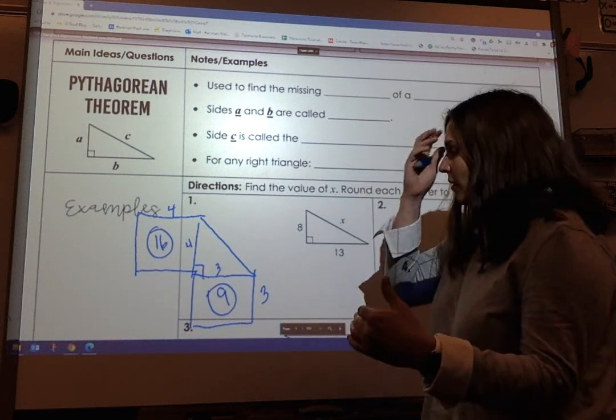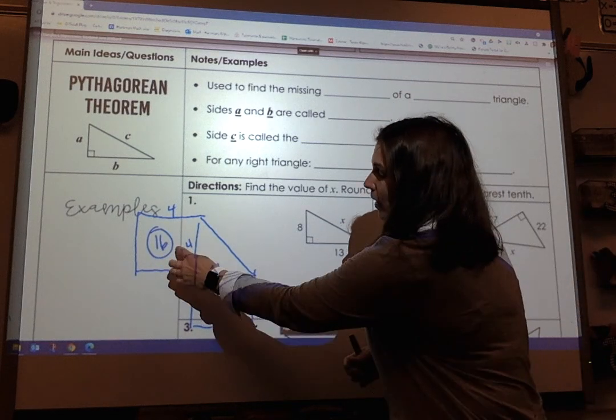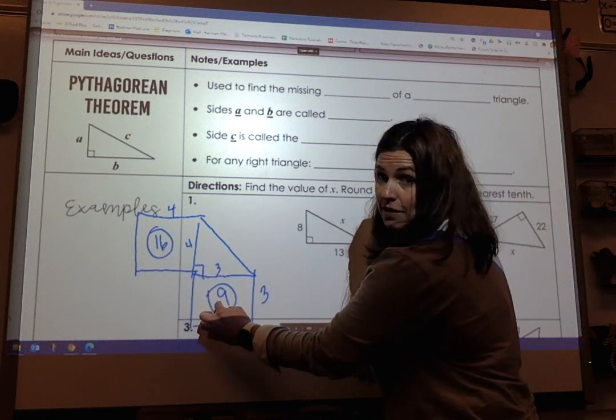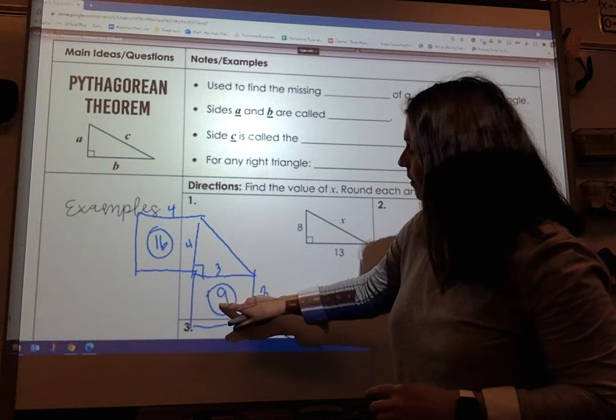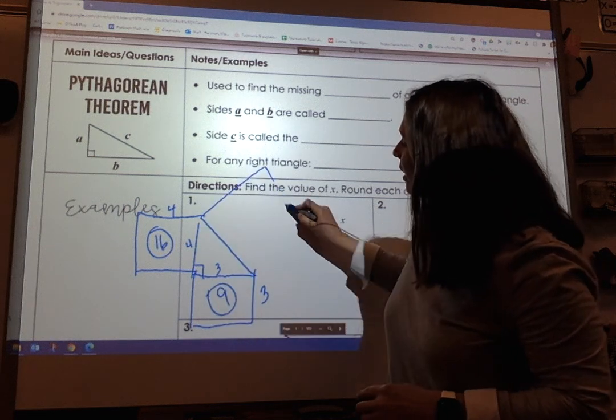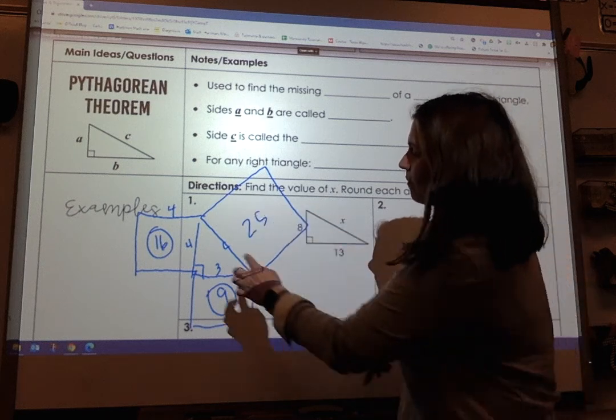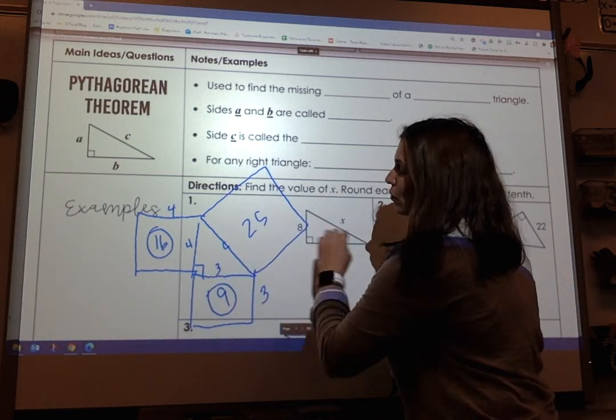So he said, if you found the squared area of these squares, that would equal the area inside C, which is 25. It means I'm adding them up. 16 and 9 is 25.